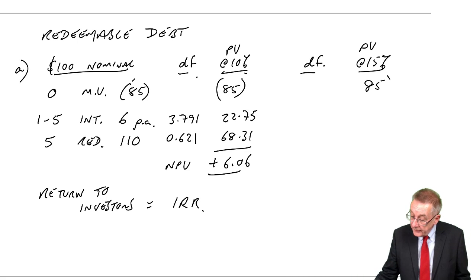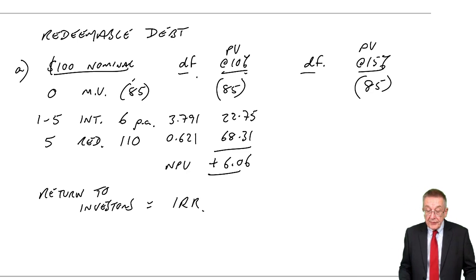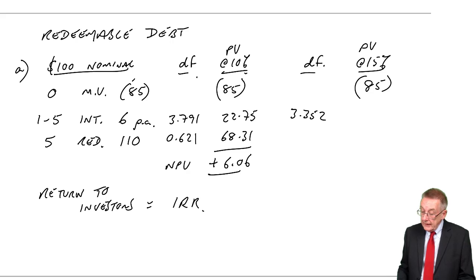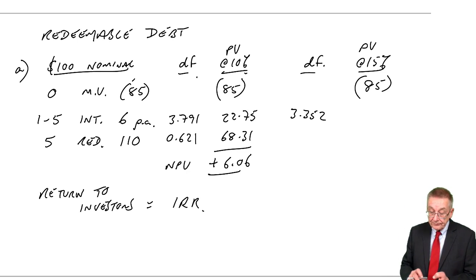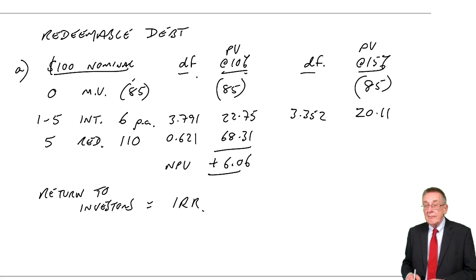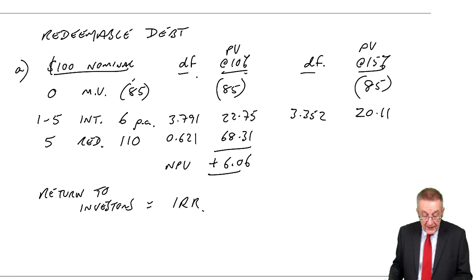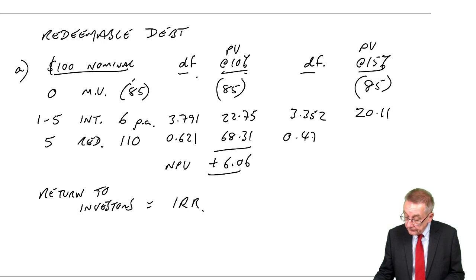85, what's the present value of 85? The annuity factor for 5 years at 15% is 3.352. So 6 a year at 3.352 is 20.11. And the redemption, the ordinary factor for 5 years at 15% is 0.497.